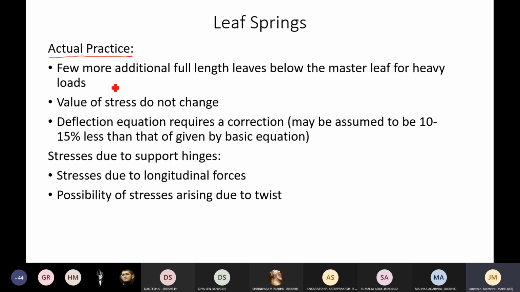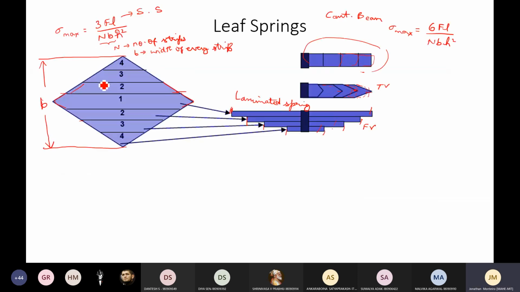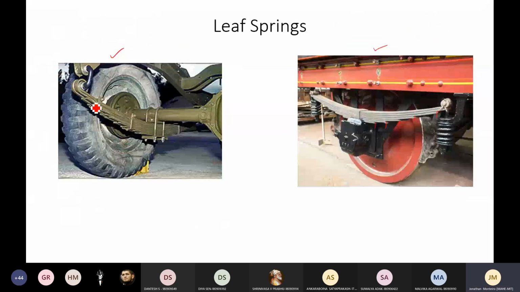Now how to take care of that? How to receive that stress? So what they do is they add a few more additional full length leaves below the master leaf, for heavy loads. If you notice here, in this particular figure, and both these figures actually, you have one full length leaf over here, and the second one is added over here.